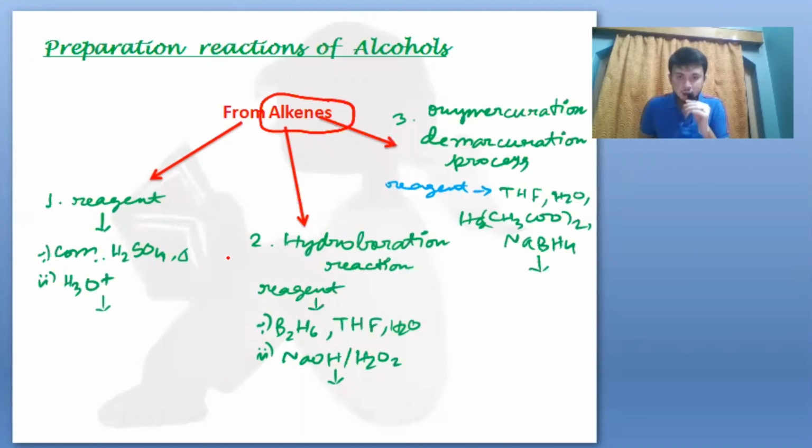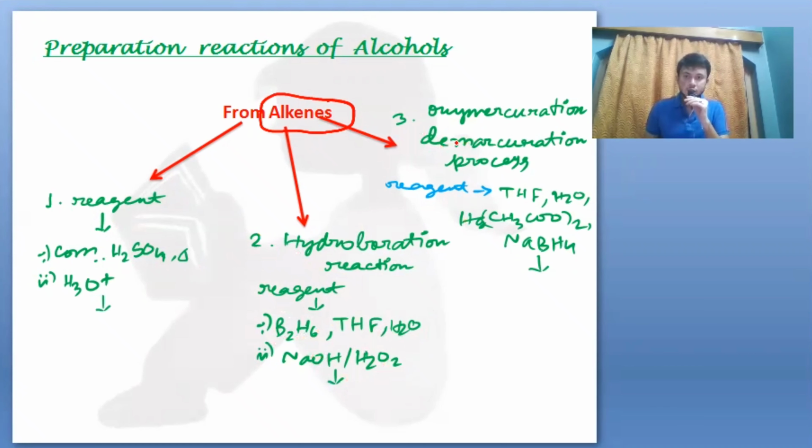Then we can use another reagent, and that reaction will be called the hydroboration reaction. So the reagent will be, in the first step, B2H6, THF, H2O, that is water, and in the second step we will give NaOH and hydrogen peroxide, that is H2O2.